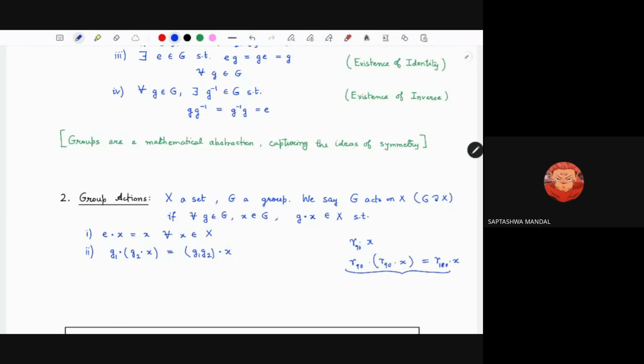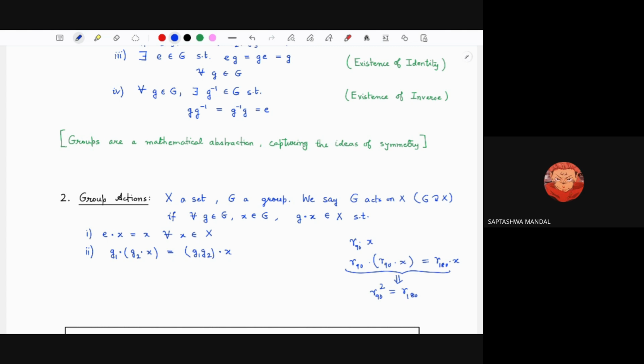Using this, we said rotation by 90 composed with rotation by 90 is rotation by 180. So we started from the way this collection of symmetries acts on an object, and used that to give a notion of multiplication on our collection of symmetries.